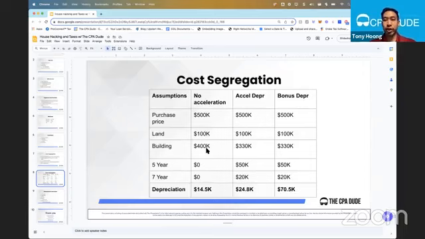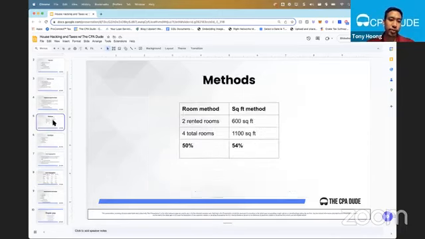So then your building value is 400,000. Taking that again, we'd have about 14.5K of depreciation that you'd be able to take normally. Obviously, you do want to take into account your pro rata amount again. So 50%, 54%, whatever's going to make the most sense for you, and also how aggressive you want to get.